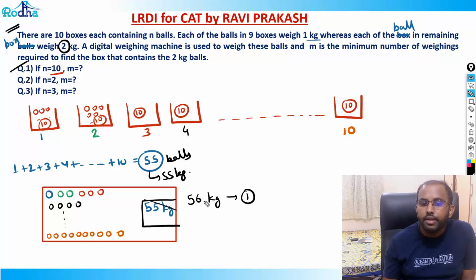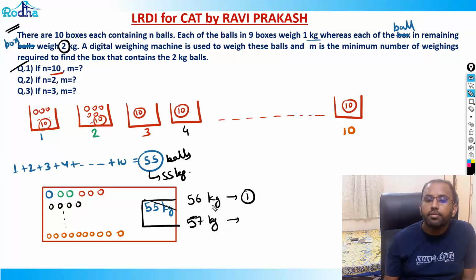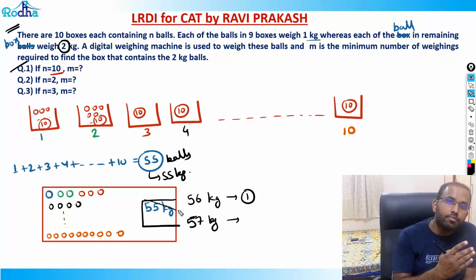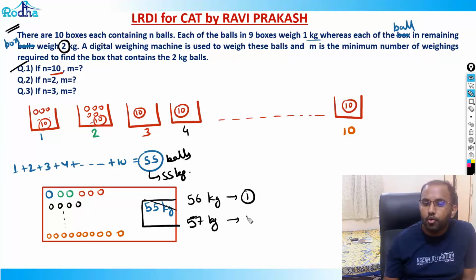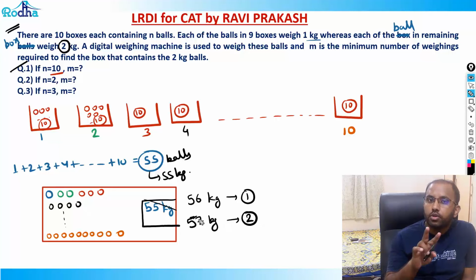Similarly, let's see for the second box. If I am getting 57 kg, that means I am getting 2 kg extra from the ideal. 2 kg extra means there are 2 balls of weight 2 kg each, since we already counted 1 kg for each.